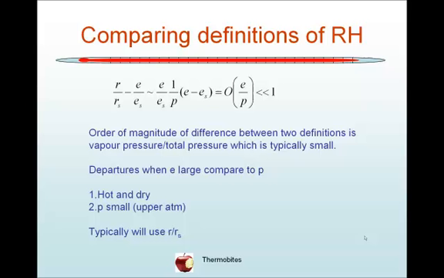and we take the E on ES over to the right hand side. So the difference between the two definitions of relative humidity, R on RS minus E on ES, is approximately E on ES multiplied by 1 on P by E minus ES.